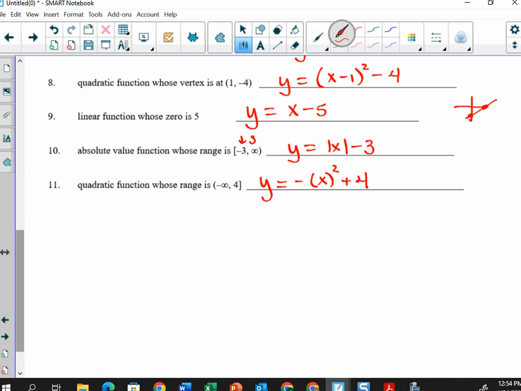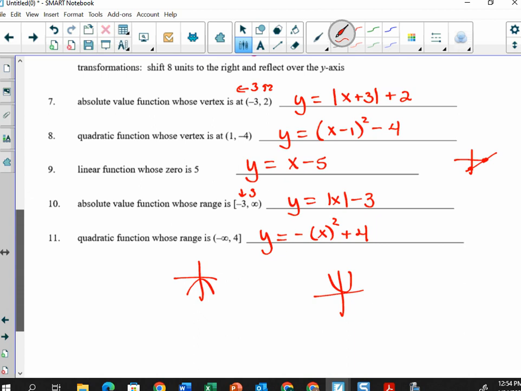Squaring a negative, yeah. This is saying the opposite of whatever you get. Like this to this, right? It's making it go this way. If you have a parabola that's flipping over the x-axis, that's what you would do.